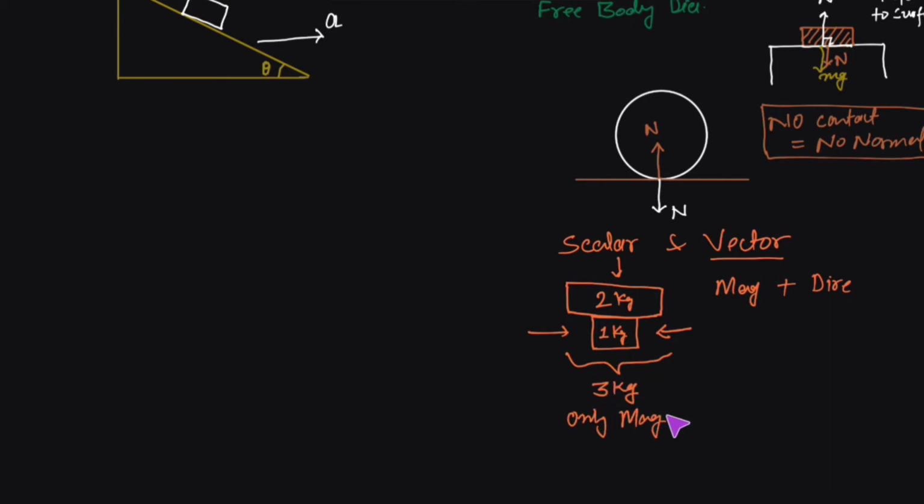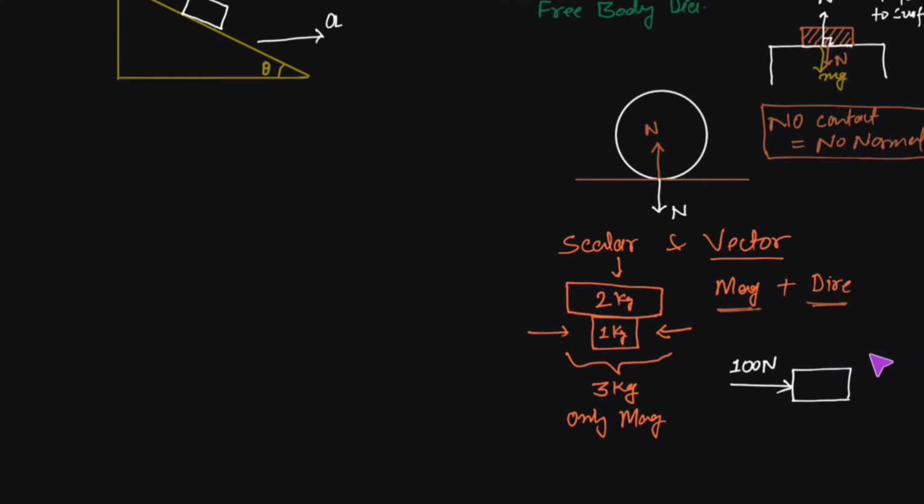But in vectors, in physical quantities which have magnitude as well as direction, the direction matters. Suppose this is a block. You apply a force of say 100 Newton. The block would start moving in this direction.